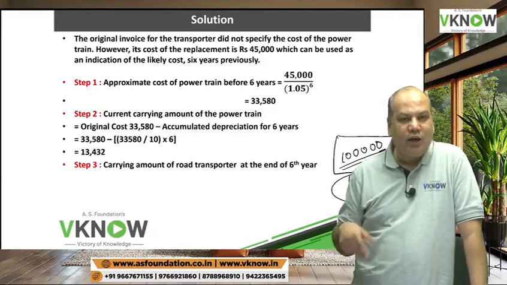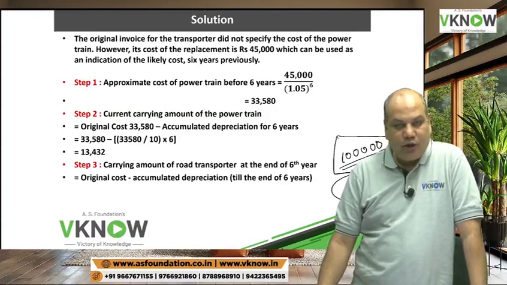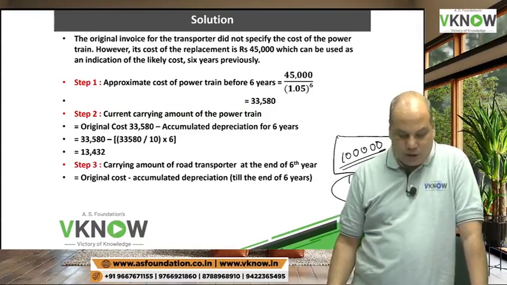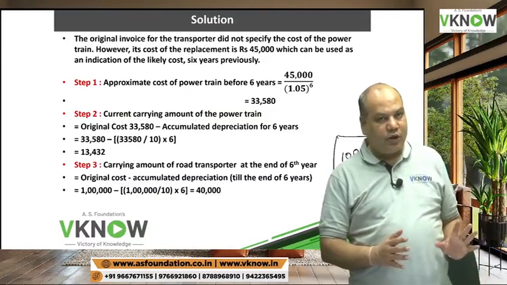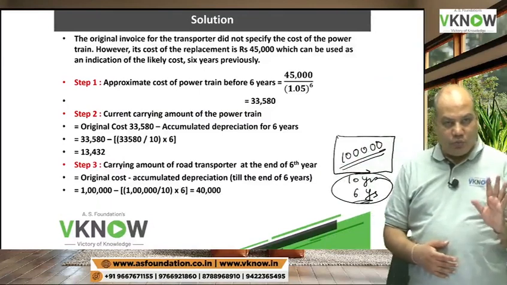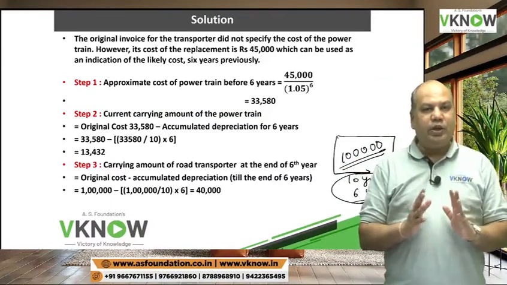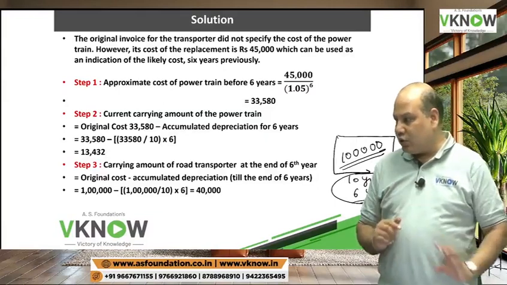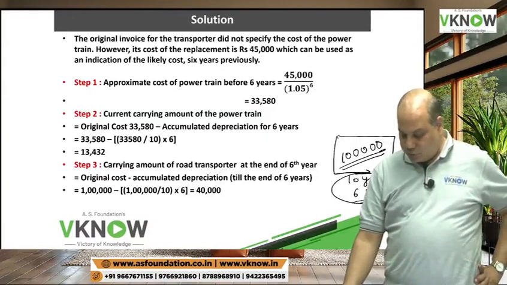The answer will be, like you have computed earlier, original cost minus accumulated depreciation. Original cost of the transporter is 1 lakh minus, in bracket, accumulated depreciation 1 lakh divided by 10 into 6. So 40,000.